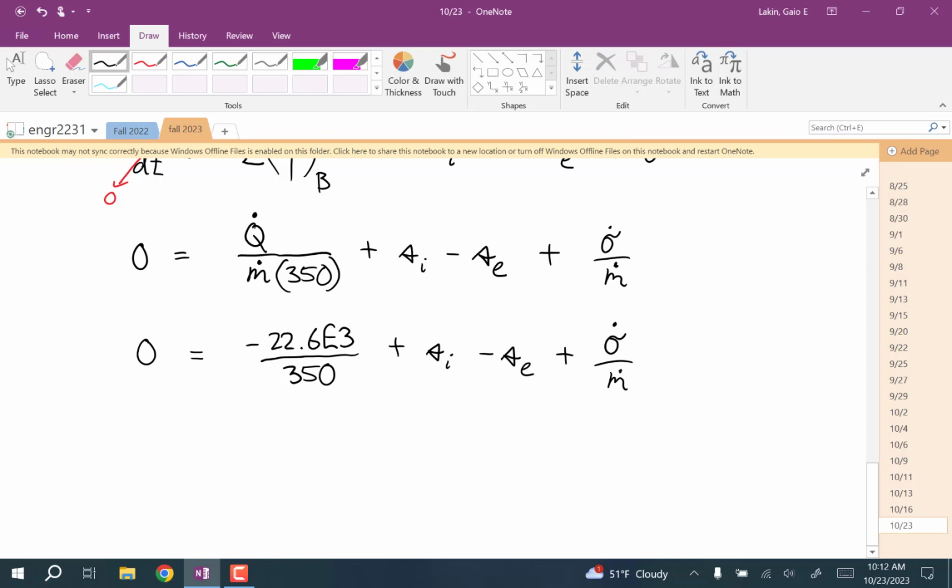And so negative 22.6 times 10 to the third divided by 350. We have 0 is equal to negative 64.57 plus SI minus SE plus sigma dot over m dot.